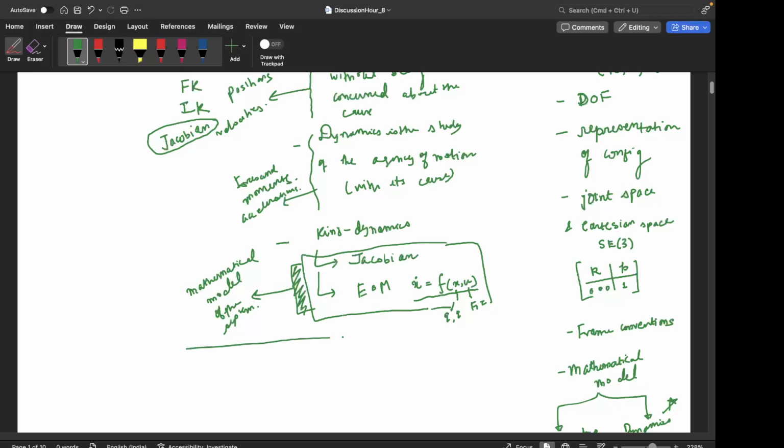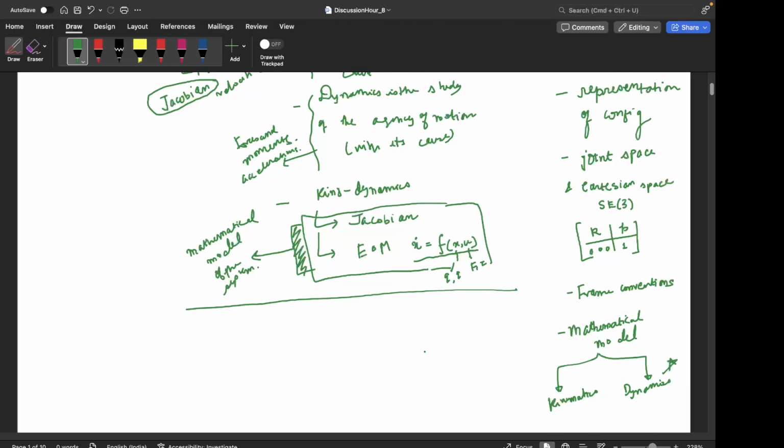So after this point, once you have the model, you started with the physical system, then you simplified it in terms of, let's say, some linkages connected via joints. Then you made assumptions that the joints are ideal, that is they are frictionless, and the links are rigid, they do not deform.